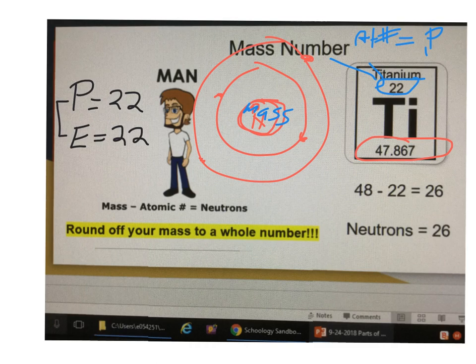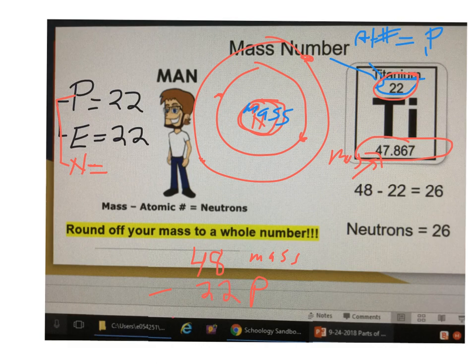Okay, now using that same information, how can I get from my protons to my neutrons? Well, you already have the mass number, right? And you can round off. So that 47.8 will become, let's make that a 48. That's your mass. Okay, we're going to subtract the protons, which was what? 22.